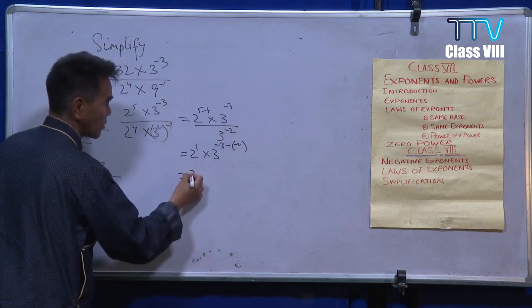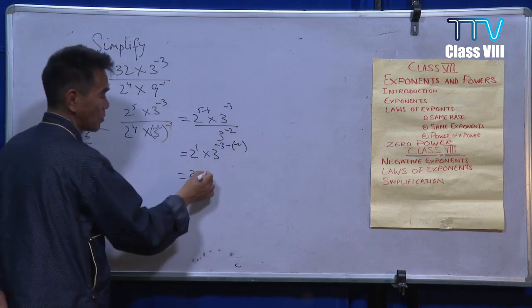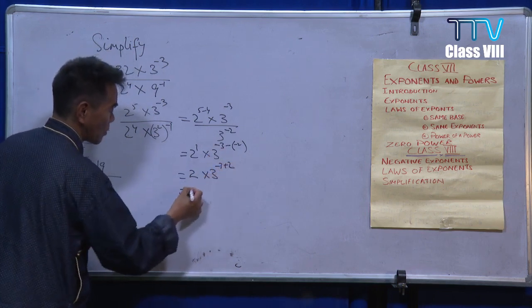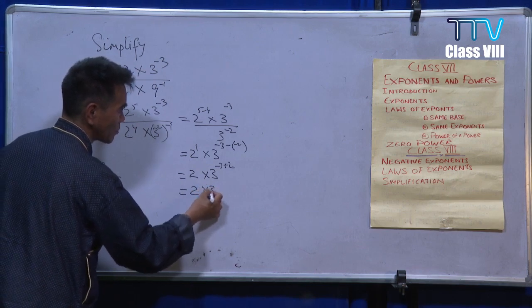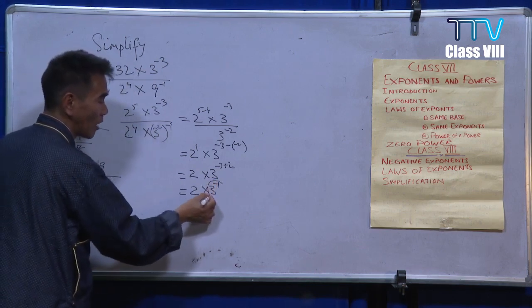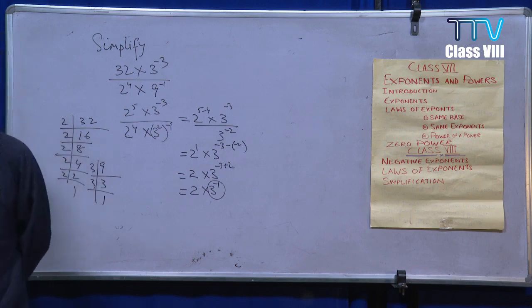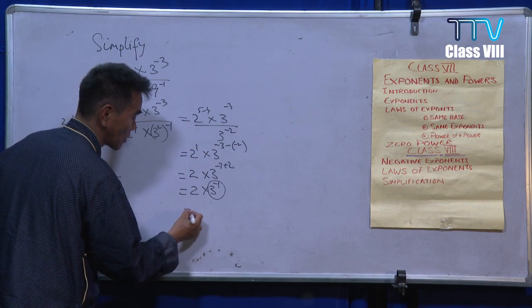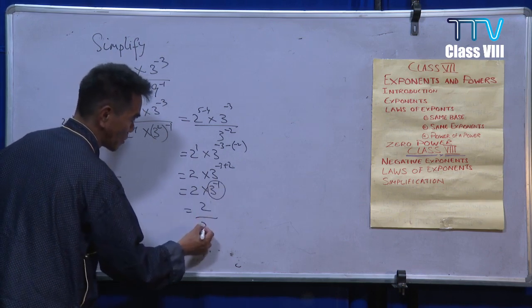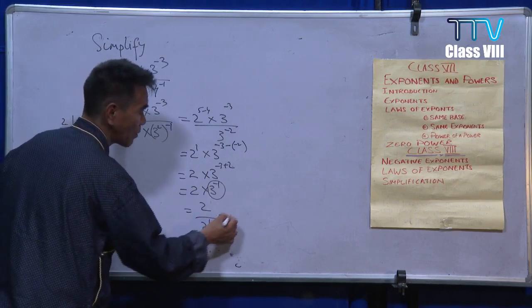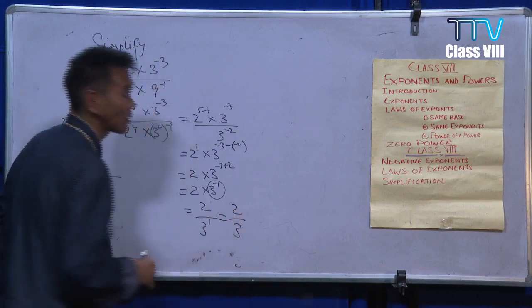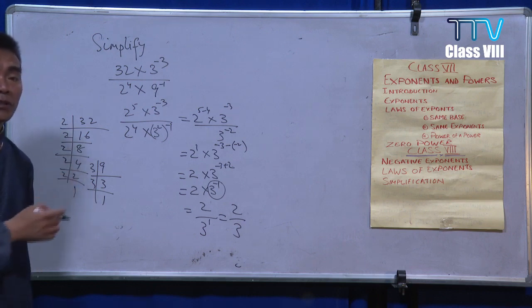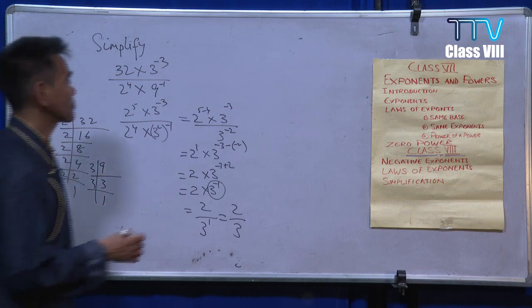So we get 2 raised to power 1, which is 2, and 3 raised to power negative 2 plus 3, which is 2 multiplied by 3 raised to power 1. A negative power becomes positive in the reciprocal, so the answer is 2 times 3 raised to power 1, which is 6.